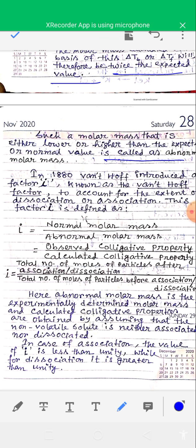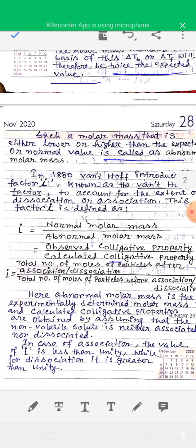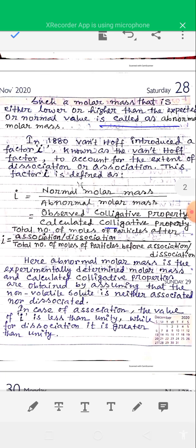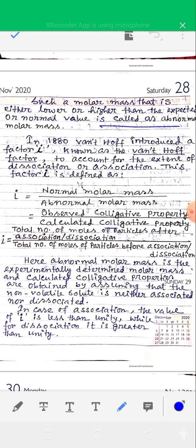In 1880, Van 't Hoff introduced a factor known as the Van 't Hoff factor, represented by i, to account for the extent of association or dissociation of solute particles in the solution.